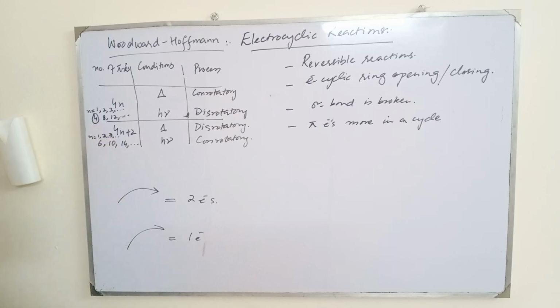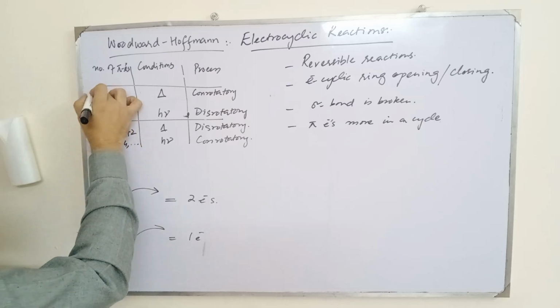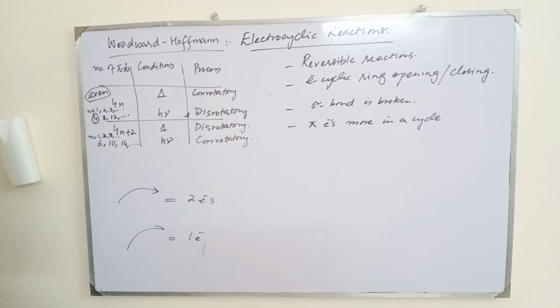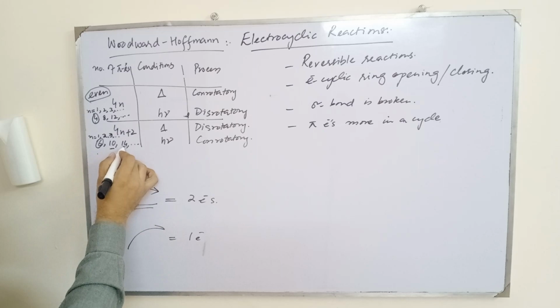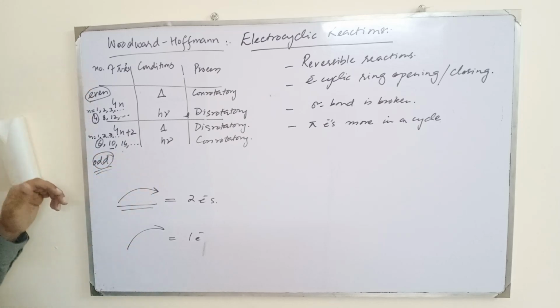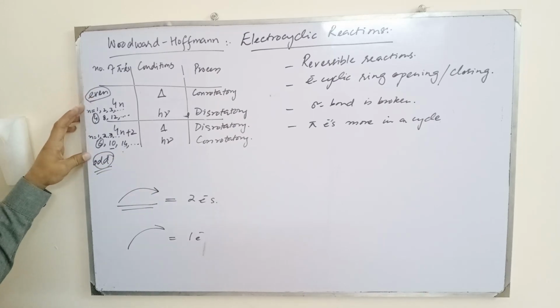Therefore, we can use the number of electron pushing arrows, which can be even or odd. For 4, 8 and 12, an even number of electron pushing arrows would be used. For 6 pi electrons, we have 3 electron pushing arrows; for 10, 5; for 14, 7. It means an odd number of electron pushing arrows. So we can remember by whether the number of electron pushing arrows is even or odd.